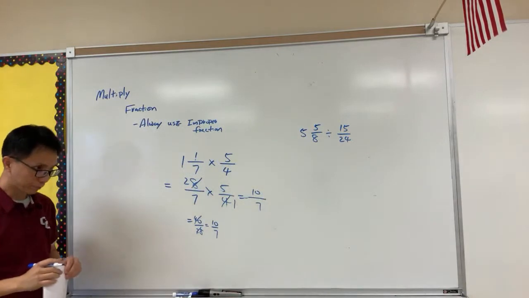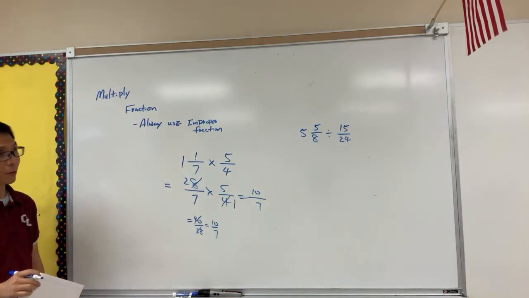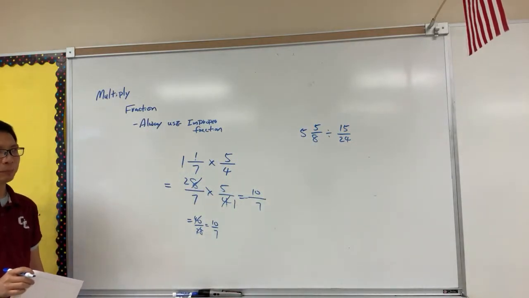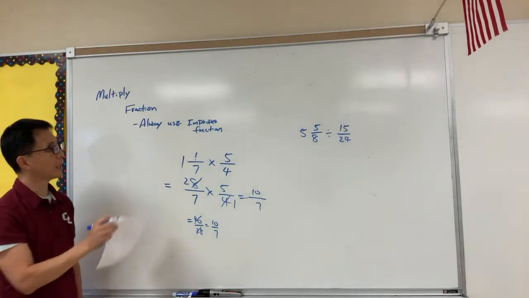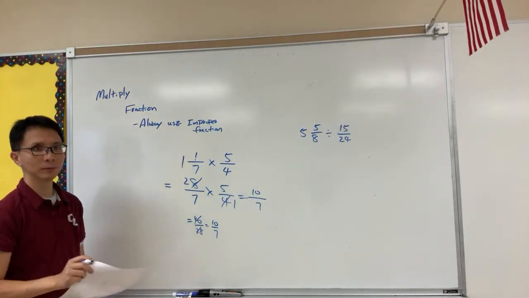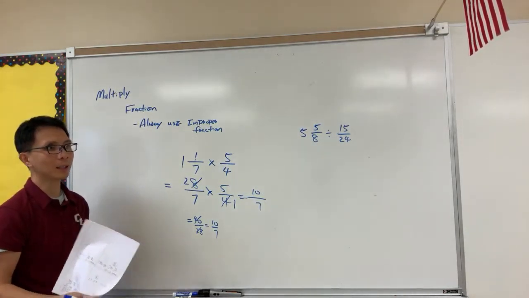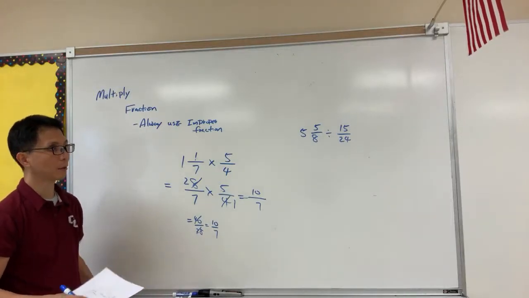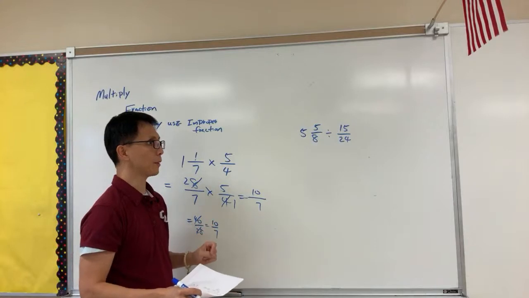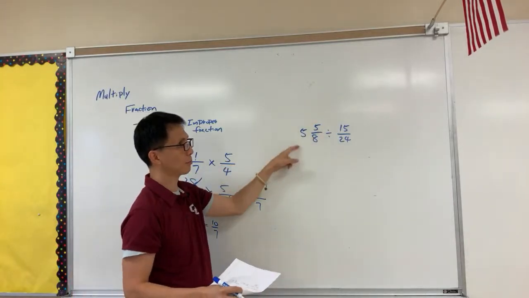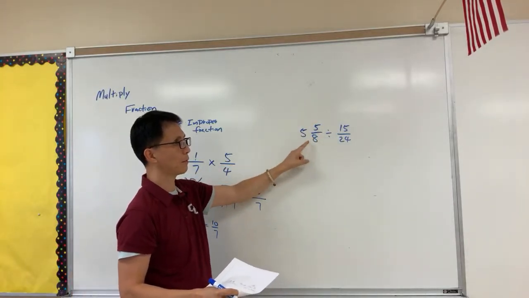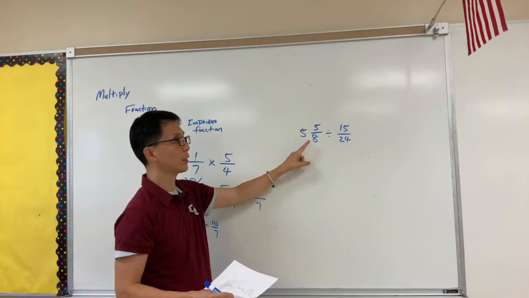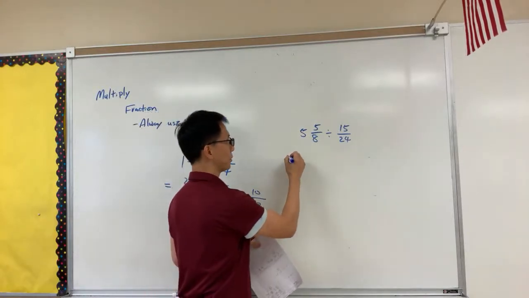You might say, dividing, well, I thought you said multiplying. Multiplying is the same thing as dividing, with only one small twist, and we're going to talk about that twist. But first things first, what's wrong with this fraction? It's a mixed number, so you need to convert this mixed number to an improper fraction.